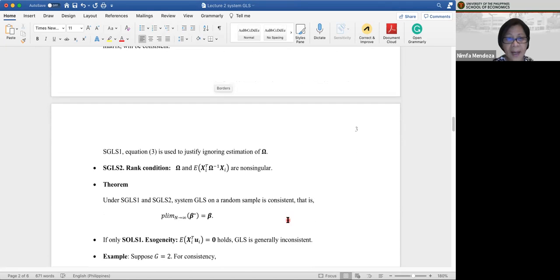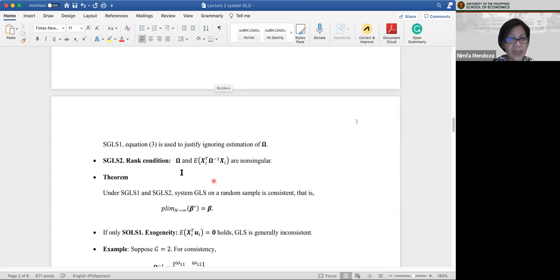The second condition is the rank condition. We assume that omega and the expected value of X sub I transpose omega inverse X sub I are non-singular.